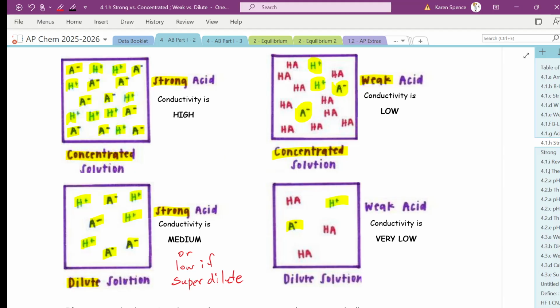Oh. Did we go too far? Okay, let's try that again. Let's try a 1 and 2.